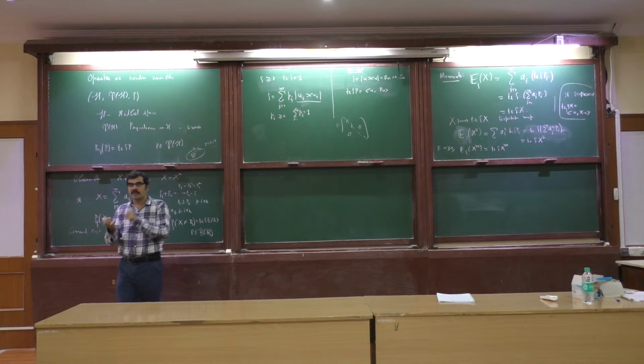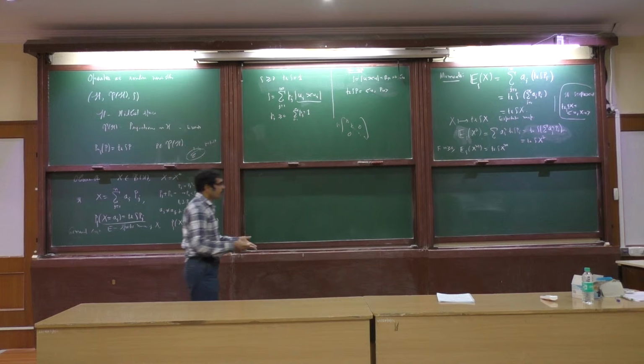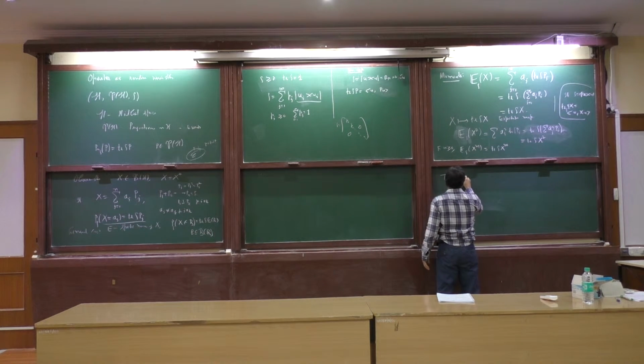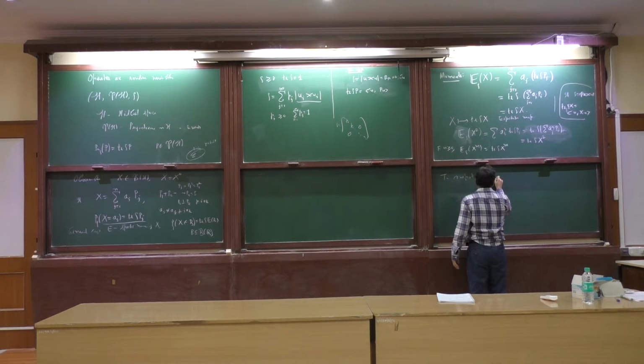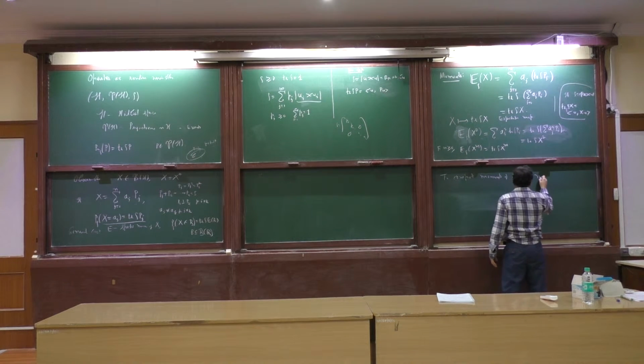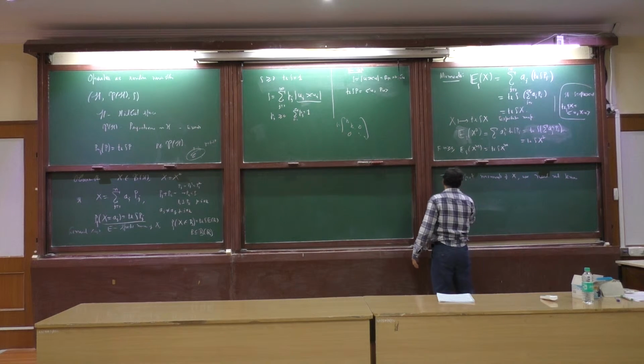I know rho, I know x, then I can compute trace rho x. Then I can multiply x with itself and compute trace rho x square. So to compute moments of x, we need not know the spectral decomposition of x.